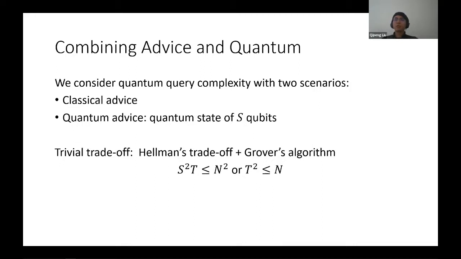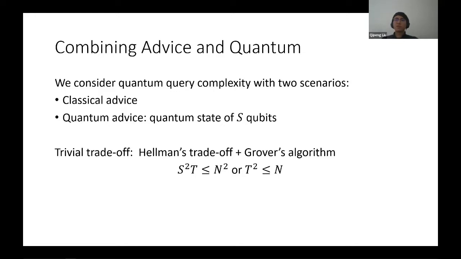In this work, we consider quantum query complexity with the following two scenarios, namely classical advice or quantum advice. In other words, we consider an algorithm with either classical or quantum advice that can make quantum superposition queries to a function. The only known non-trivial algorithm with advice is to use either Hellman's trade-off or Grover search.